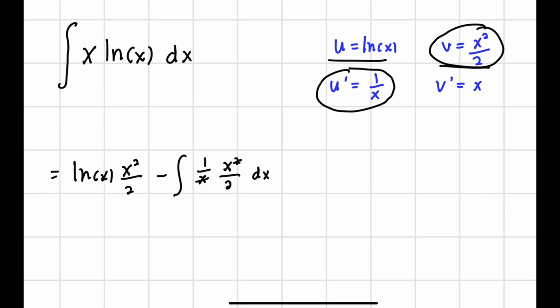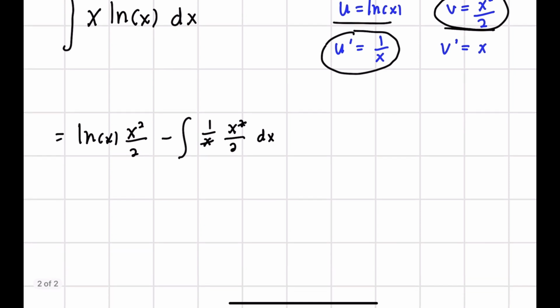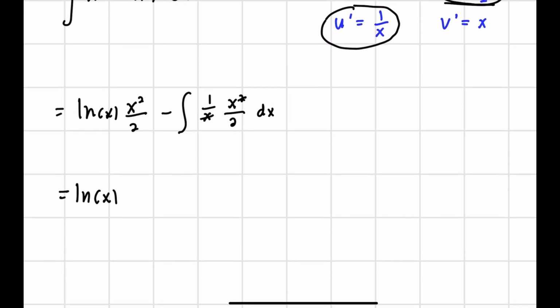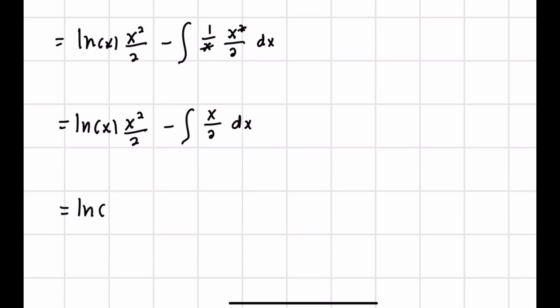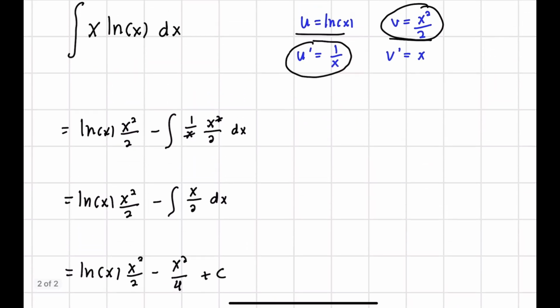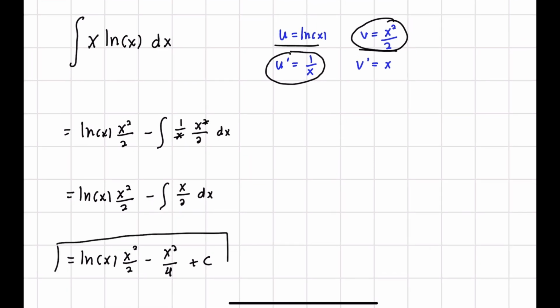So now we're left with ln x times x squared over 2 minus the integral of x over 2. And let's evaluate this. So we have ln x times x squared over 2 minus, and the integral of x over 2 is simply x squared over 4. And don't forget our plus c constant. And here is our final answer.